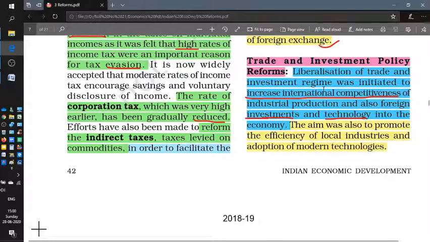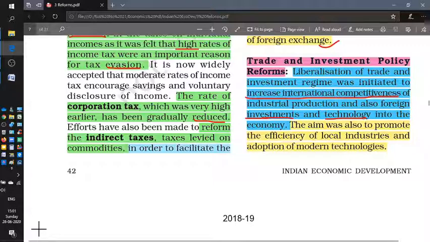By changing all those redundant rules and policies from before, it will lead to an increase in international competitiveness. You bring about openness, you bring about competition. Our industries will no longer be protected, but they will have to face the future. They will have to face the reality. They have to compete, isn't it?